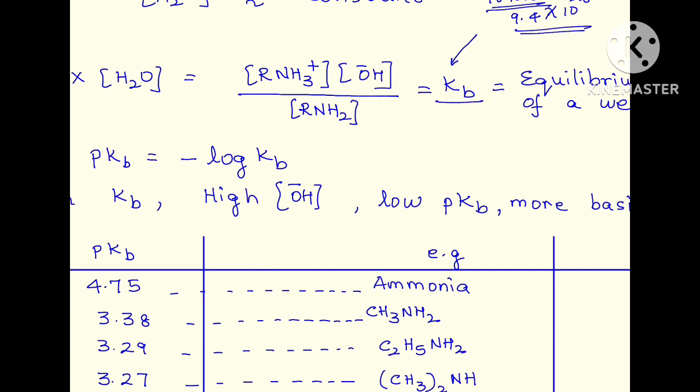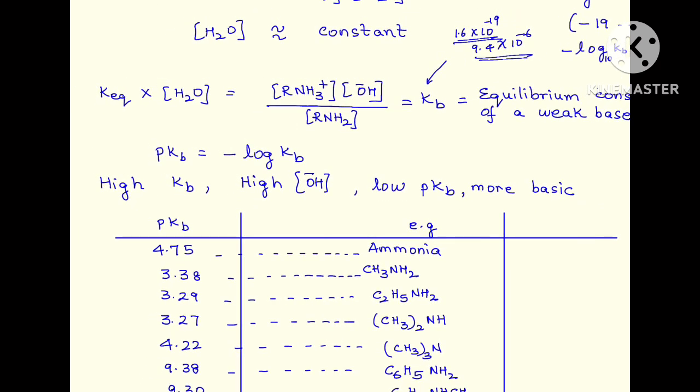Any number is to the base of 1, to the denominator of 1. So higher the value of Kb, higher is the concentration of hydroxide ions, or vice versa. In other words, my pKb on the other hand will be lower.